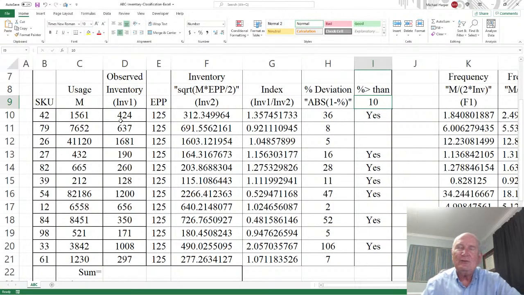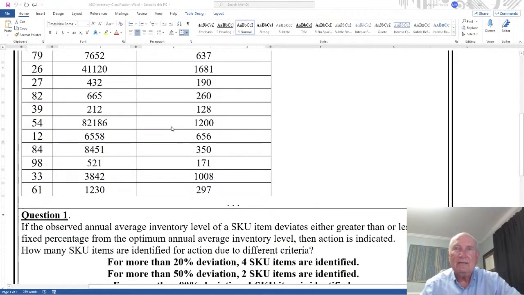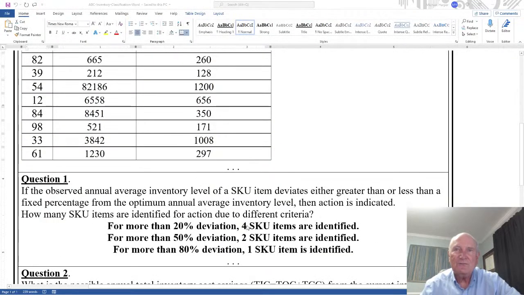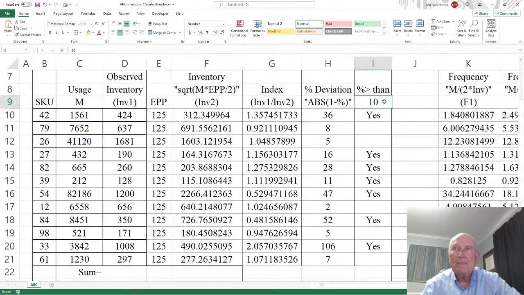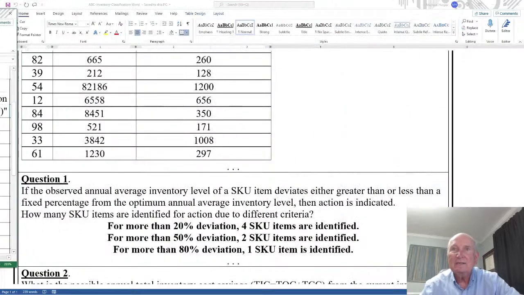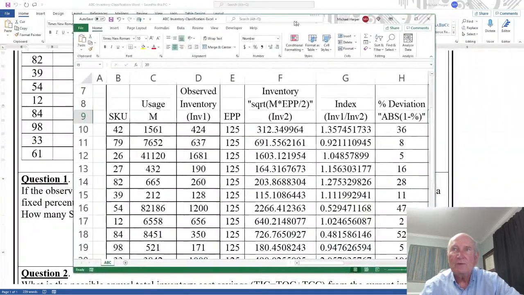Okay, well, I had 10. You can put in there whatever you want. And notice what I did. Down here I say, well, 20% there's 4, 50% there's 2, 80% there's 1. That's pretty much what I'm doing here. So 20%, there's 1, 2, 3, 4, 5. Did I say that? 20% there's 4.